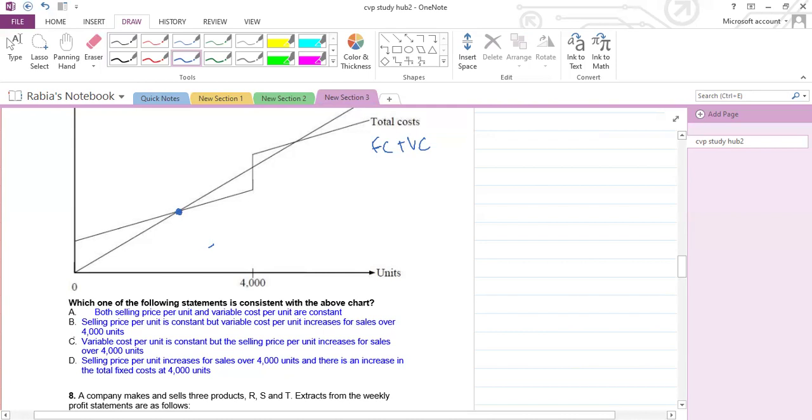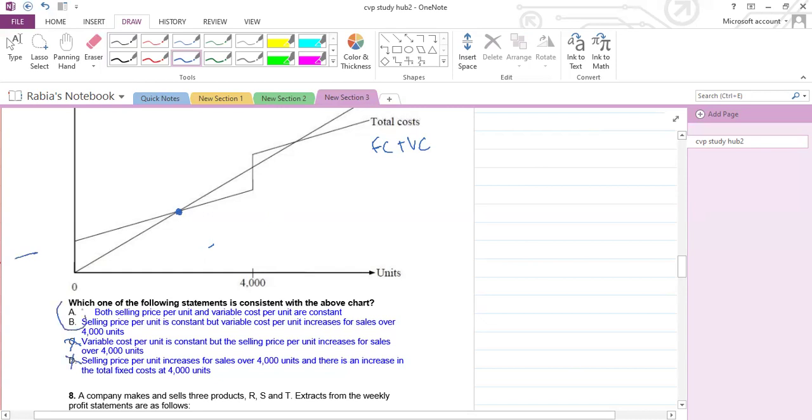This statement is wrong. Your revenue line is all a variable line. Okay? Your variable line. Selling price per unit increases for sales over 4,000 units, and there is an increase in the total fixed cost of 4,000. Option D is also a wrong option.